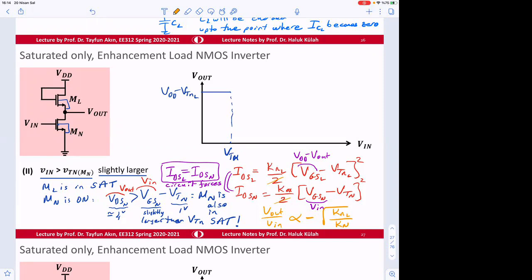So basically the slope is going to be minus square root of Kn of L divided by Kn.